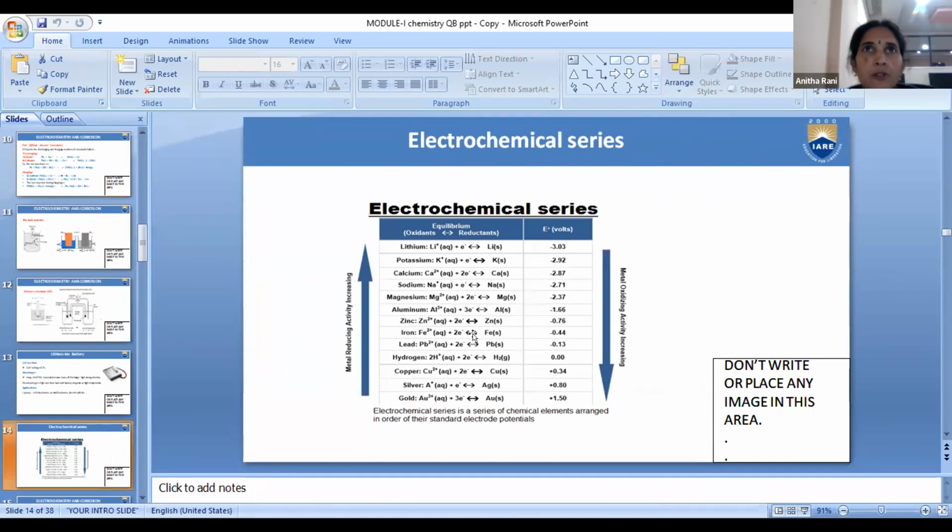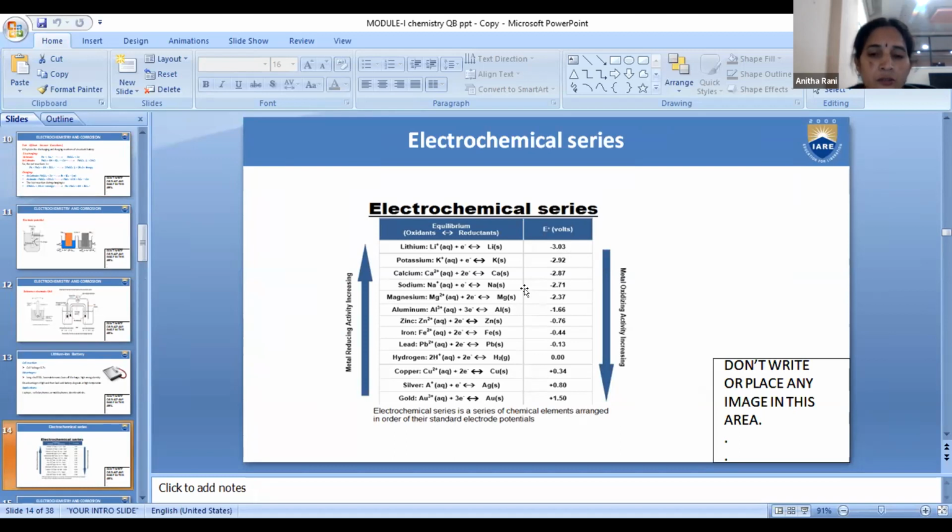So we will be able to know which metal is undergoing oxidation reaction and which metal is undergoing reduction reaction, by knowing their electrode potential values.